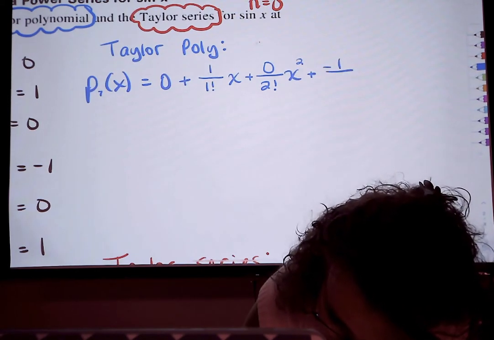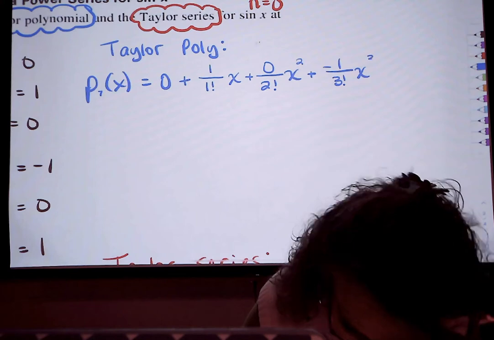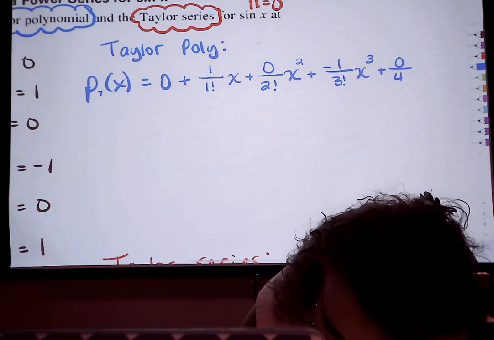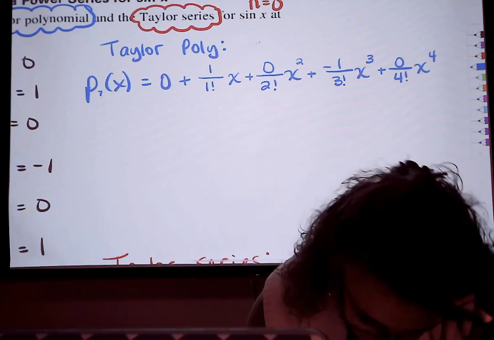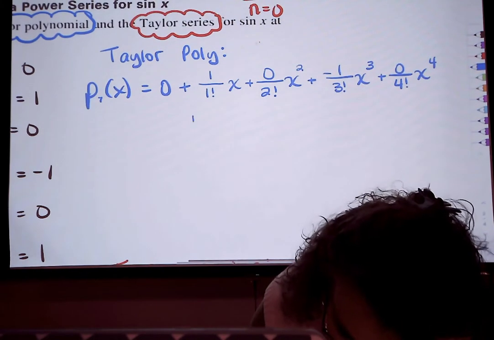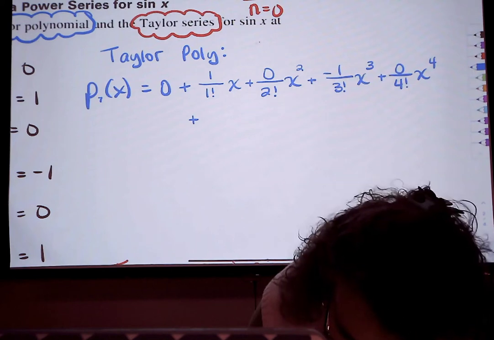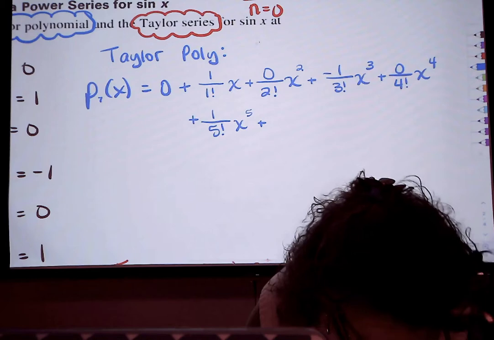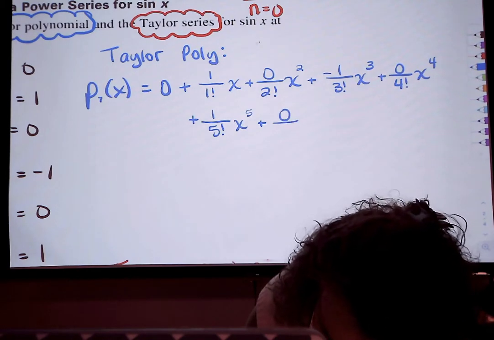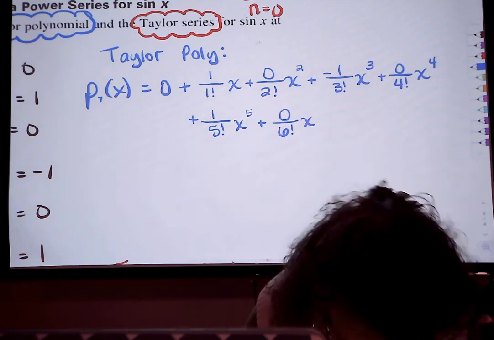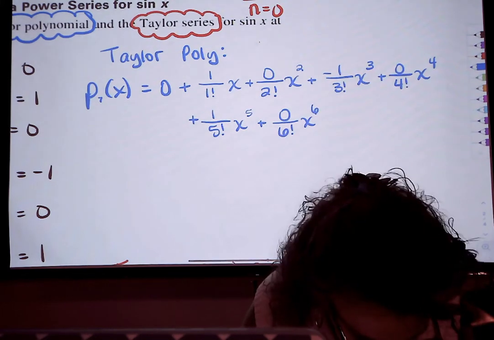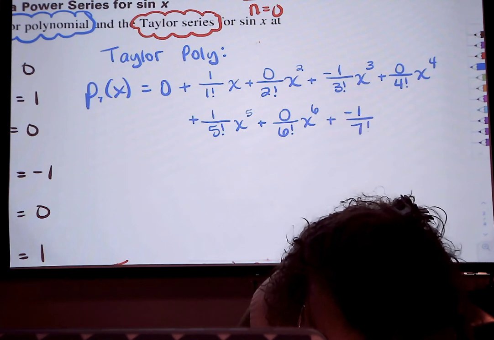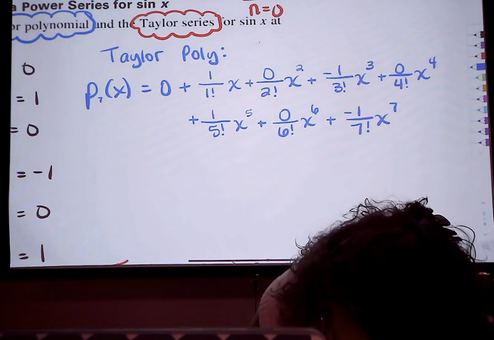Third derivative, 3 factorial x to the third. Fourth derivative, 4 factorial x to the fourth. Fifth derivative, 5 factorial x to the fifth. Sixth derivative, 6 factorial x to the sixth. Seventh derivative, 7 factorial x to the seventh.